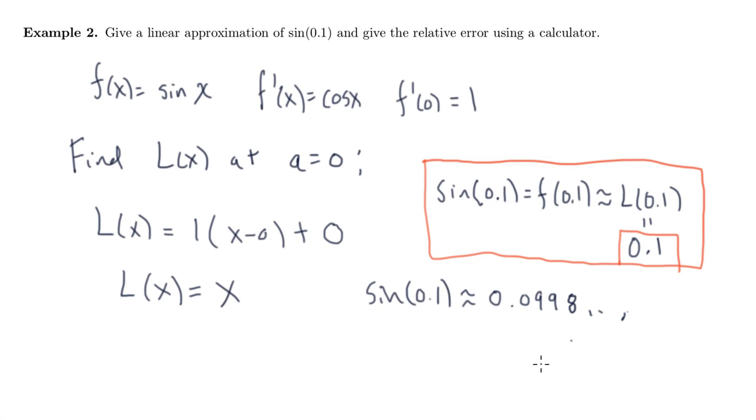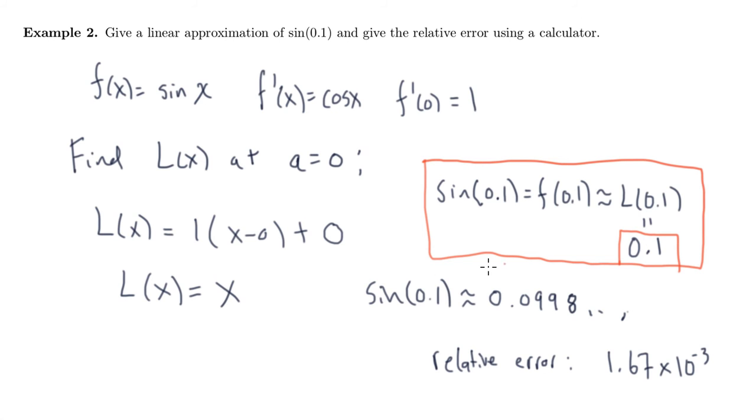And if we find the relative error, just plug that in the calculator, what we get is again pretty good: 1.67 times 10 to the minus third. So it's a very good approximation.